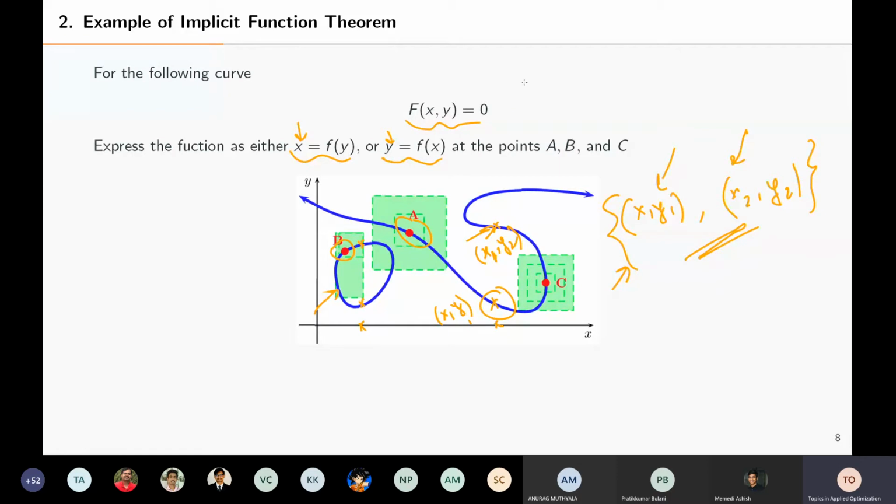By that I mean, your curve can be like this, for example. If you want to make the local picture, then you have to take a small circle here, and here also a very small circle.